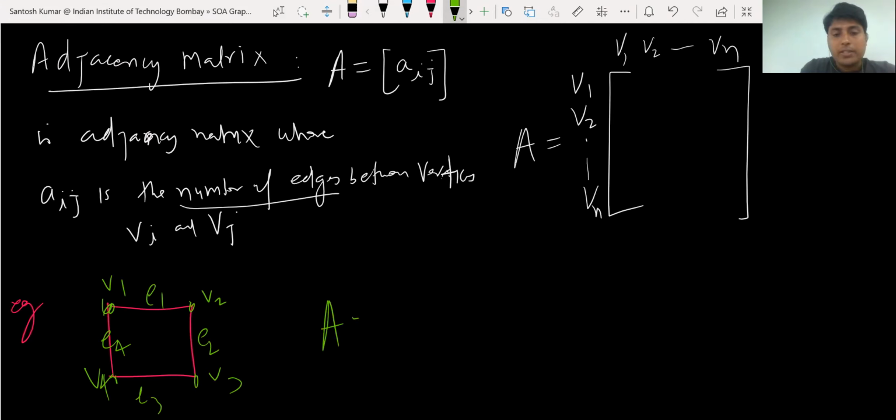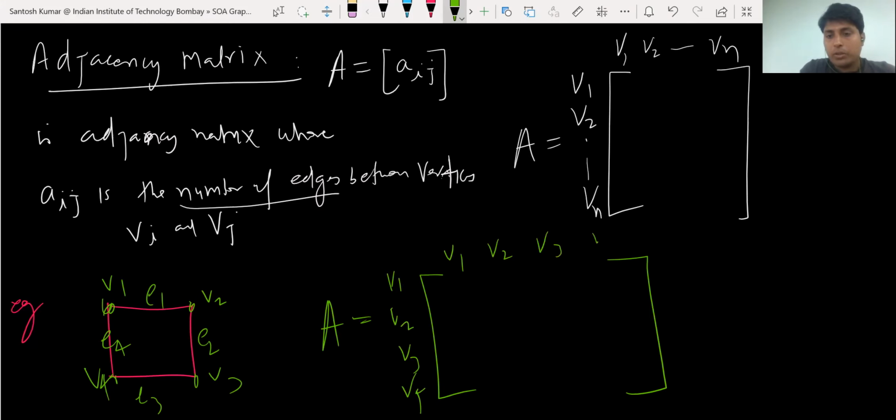So what is the adjacency matrix corresponding to this? There are four vertices V1, V2, V3, V4. In the adjacency matrix we take vertices by vertices, whereas in the incidence matrix we considered rows as vertices and columns as edges.